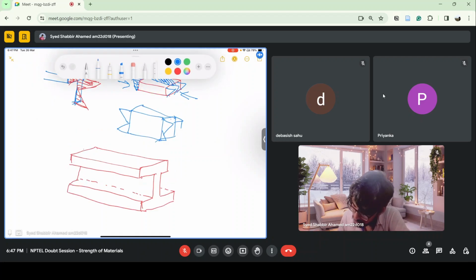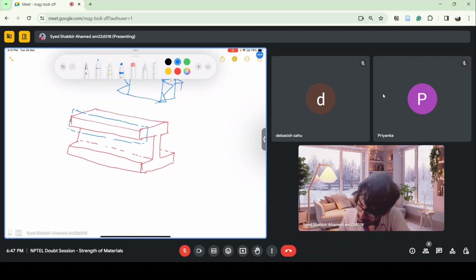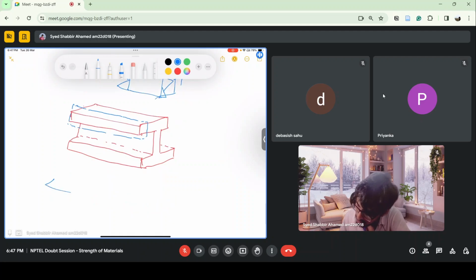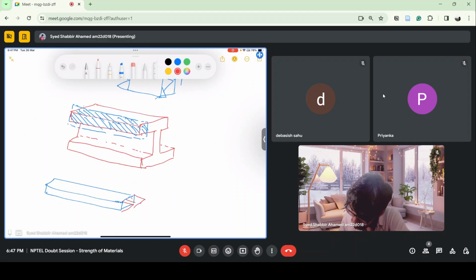If you cut a section like this, I'll get this part, the flange. This part I am taking out. So the shear stress distribution is there, right? And it is not giving me a net force of 0.